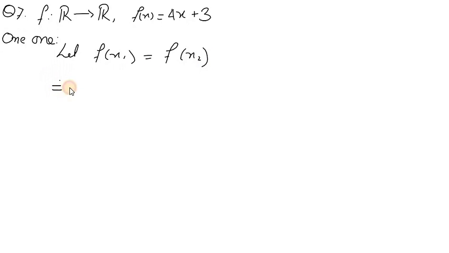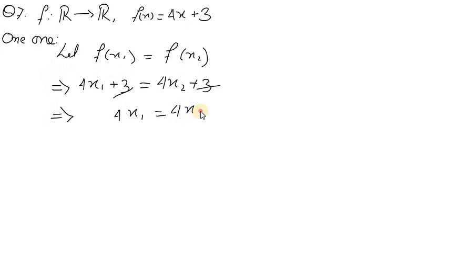Now you put in the value of f, which is 4x + 3, so this will be 4x1 + 3 and similarly 4x2 + 3. The 3 and 3 get cancelled, so you have 4x1 = 4x2. Now 4 gets cancelled, so you have x1 = x2. Thus, what?